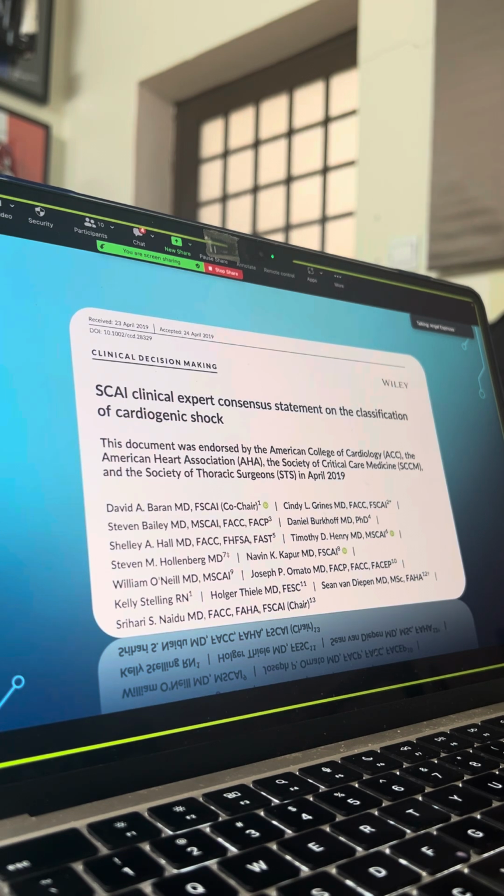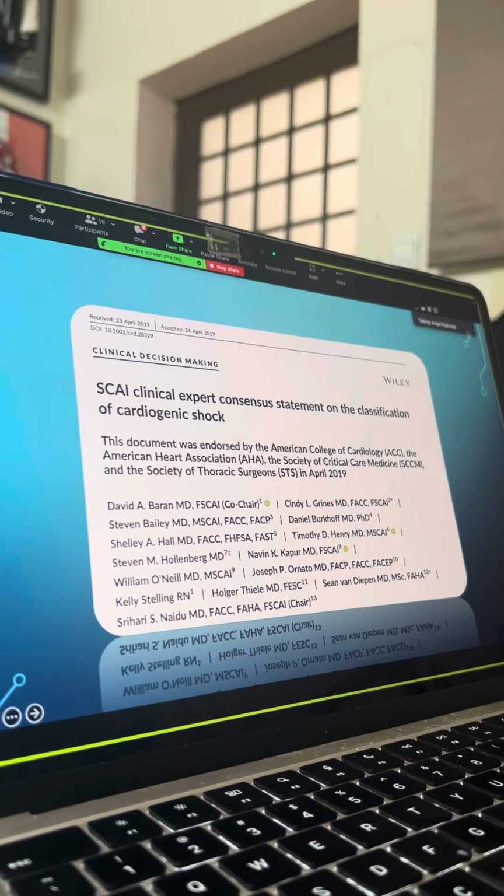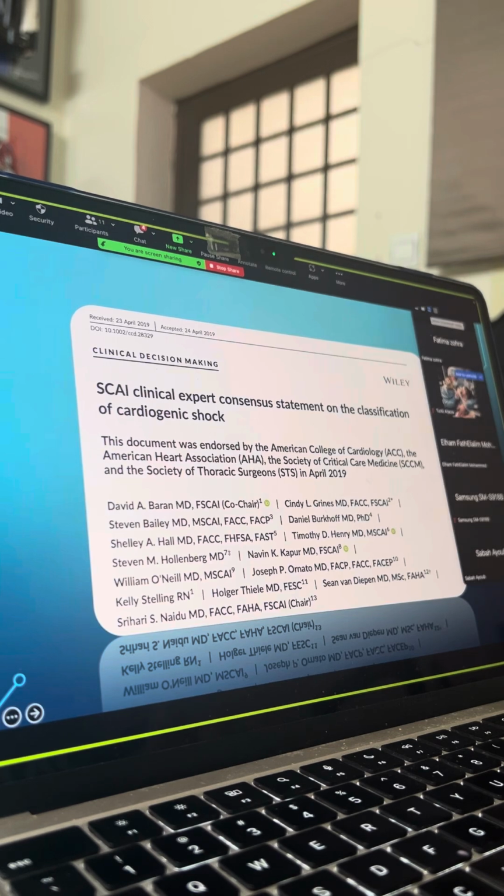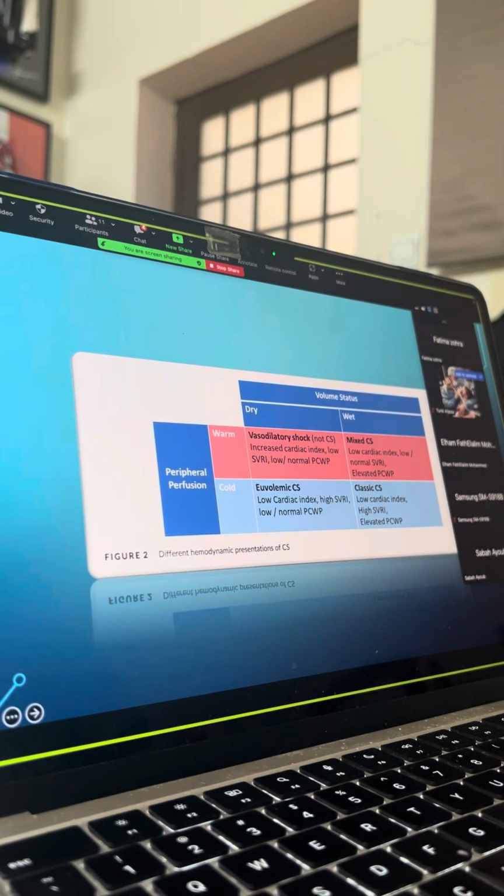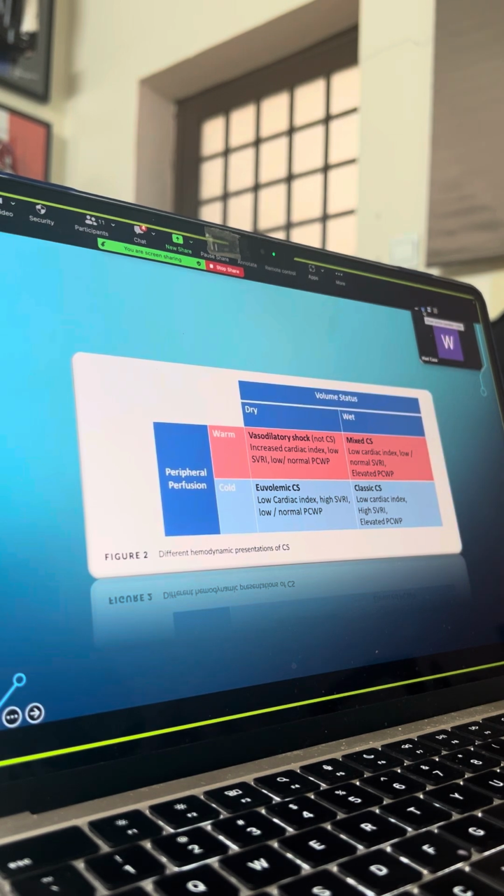Since many years ago, the Society of Cardiovascular Angiography and Intervention made a consensus trying to unify all the criteria to specify when a cardiogenic shock is happening and why. There are 4 different kinds of cardiogenic shock.